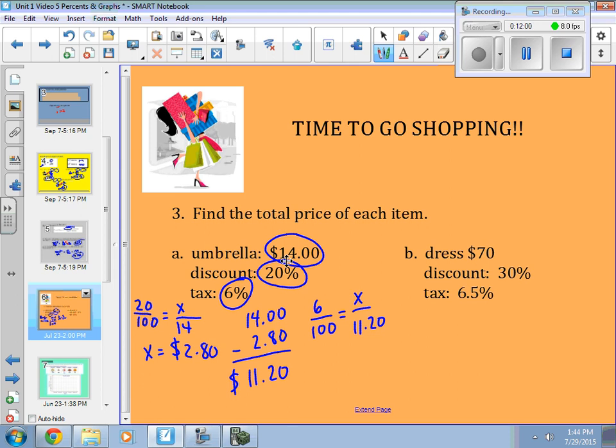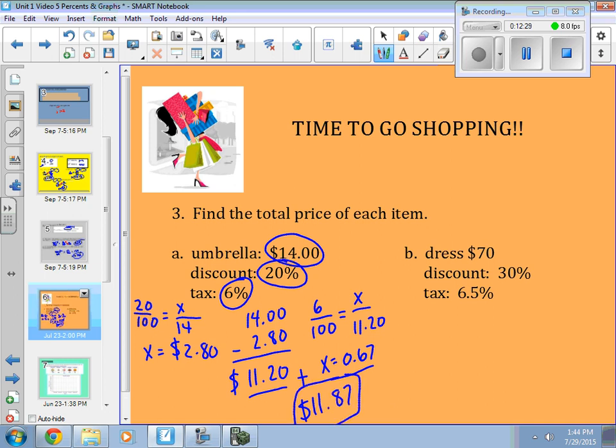So if we cross multiply and divide like we've been doing before, that's going to come out to be 67 cents. All right, finally, to get the price now, we know what the tax is. We know how much the item costs after the discount. If we now add those two together, we should get the total cost. So the total cost would be $11.87.